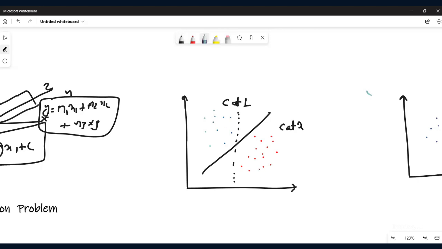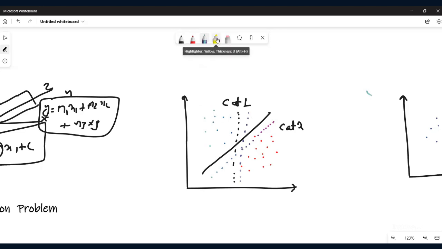Let's say this line, or this line. So we can have many vectors. Now how do we optimize these vectors? Let's say this was our training set, and on the basis of it we have drawn this line.